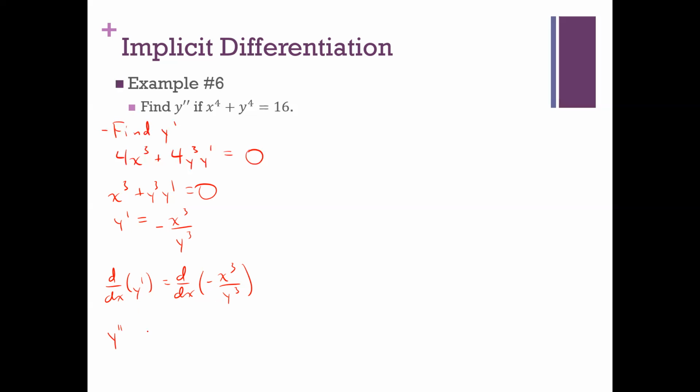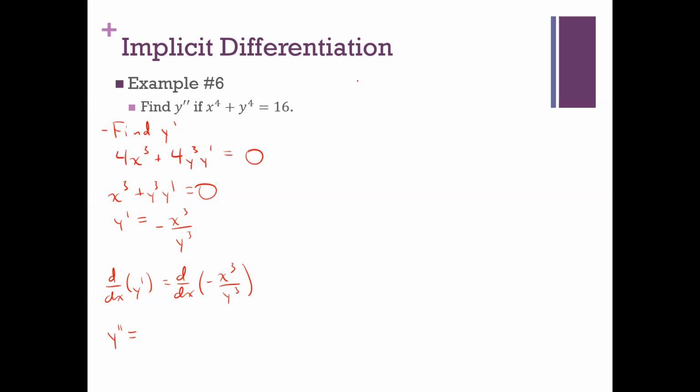How about the right-hand side? What rule am I going to have to use? I have negative x cubed over y cubed. Yeah, I've got a function divided by another function, so I'm underneath the quotient rule.